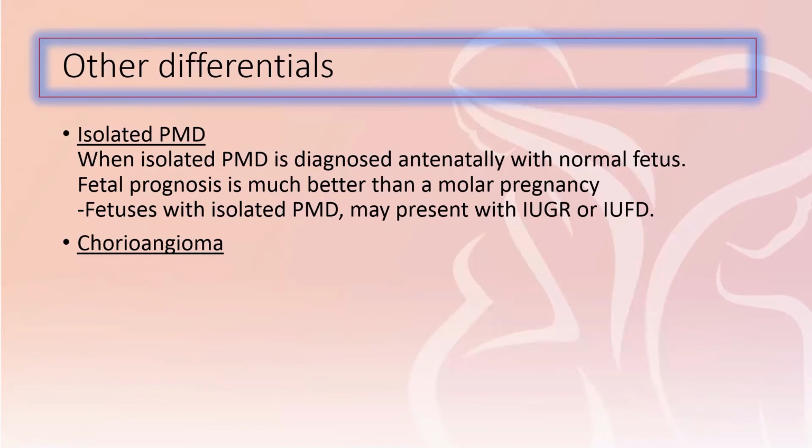Often we see that fetuses with such a diagnosis of isolated PMD may also present later in pregnancy with IUGR or IUFD. Why does this happen? We will explain in the next slide. Another differential to be kept in mind is chorioangioma.